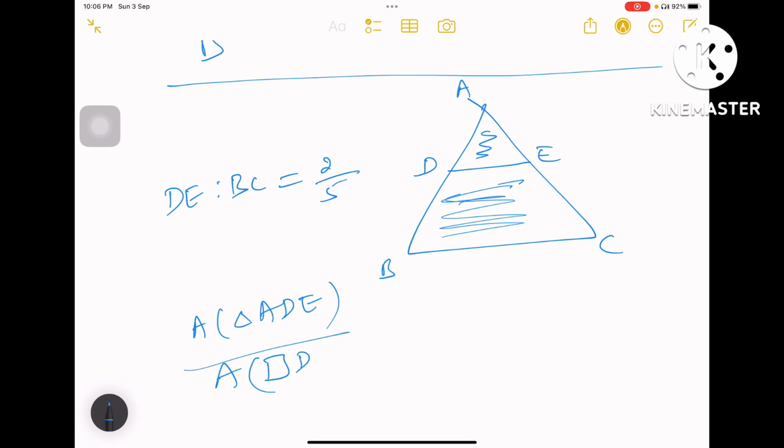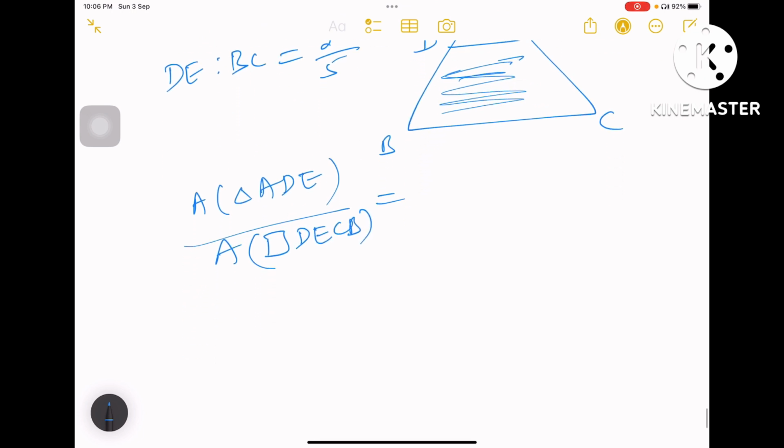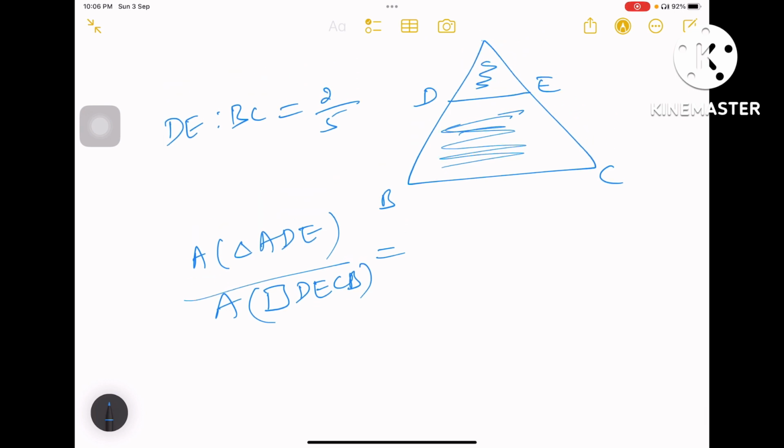Trapezium DECB. So it should be actually the square of the proportional sides. That is DE square by BC square. So DE square by BC square, the ratio is 2 by 5 whole square.